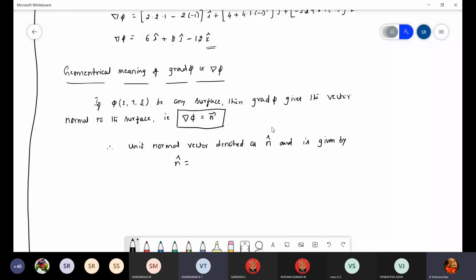Very good. It is just vector n divided by its magnitude. Okay. So vector n nothing but grad phi, or n cap equals grad phi over its magnitude.